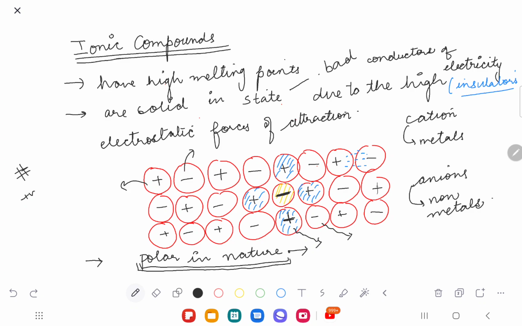It is either the positive charge or the negative charge. Both could move, both can conduct electricity. It's not necessary that only negative charges can conduct electricity, as with electrons traveling in wires. Even the positive charges can also conduct electricity.